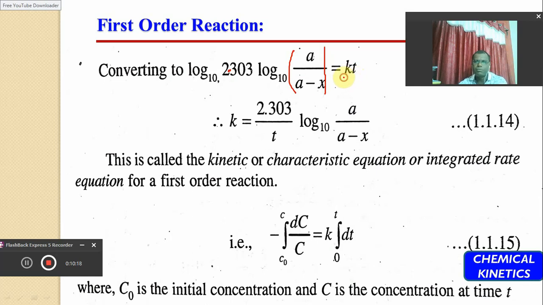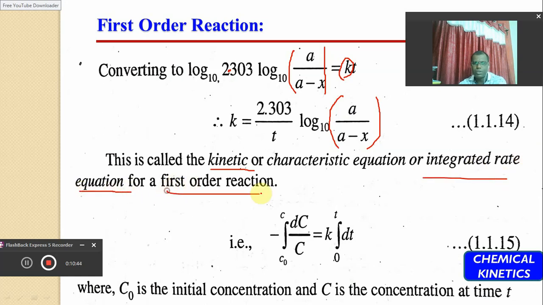Now the equation for k, the velocity constant or specific reaction rate of a first order reaction, is k equal to 2.303 upon t log to the base 10 of a upon (a minus x), and this is called the equation for the kinetics of a first order reaction, or the integrated rate equation for a first order reaction.